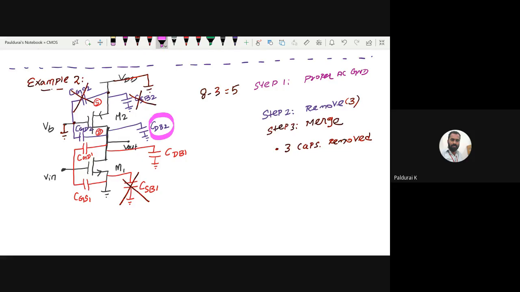CDB2, where is it connected? Drain to ground. What about CGD2? Yes, sir. This one, right? Okay. So I have kept both in pink color, just for your understanding. Then where is CGD2? It is between drain, right? We are going to draw the drain.